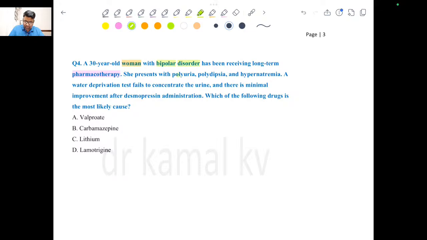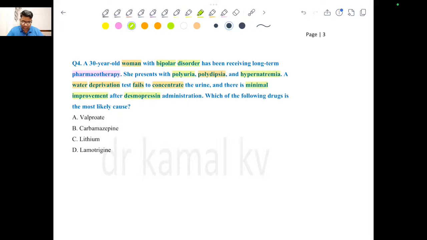Now look at the complaints: polyuria, excreting too much urine; polydipsia, drinking too much water; and hypernatremia, increase in sodium concentration in blood. Then the water deprivation test fails to concentrate urine, and there is also minimal improvement after giving desmopressin.